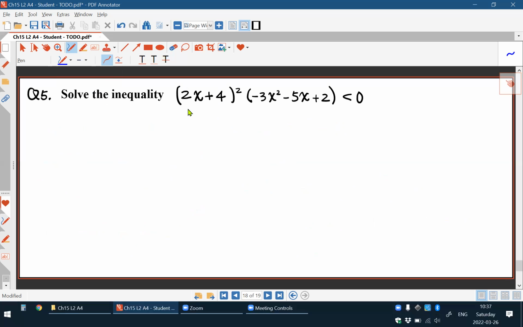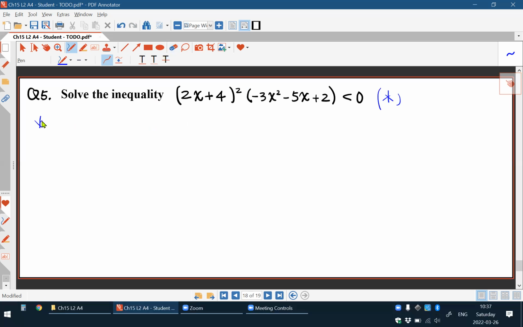Okay, next one. Everything is on the left already, and the right side is 0. So let's consider the function on the left. First of all, you can just copy that. And note here, if it's not simplified, our task is to try to simplify this function first. Or even before this step, if the original inequality is not simplified, we can simplify the original inequality.